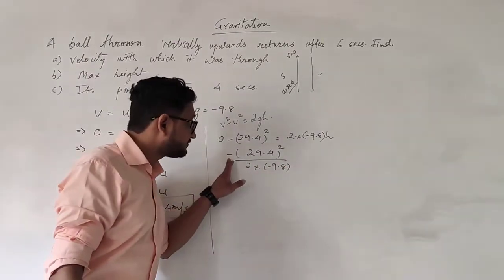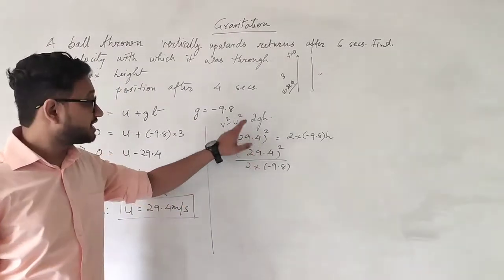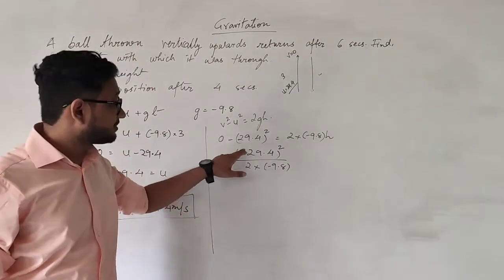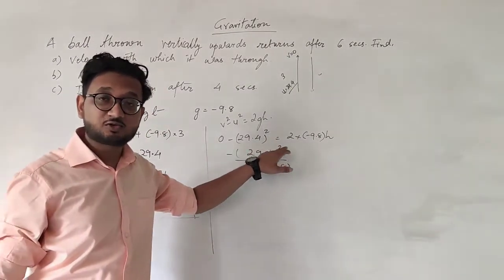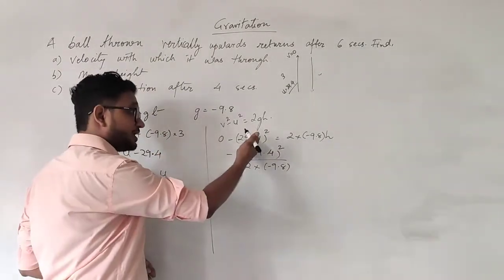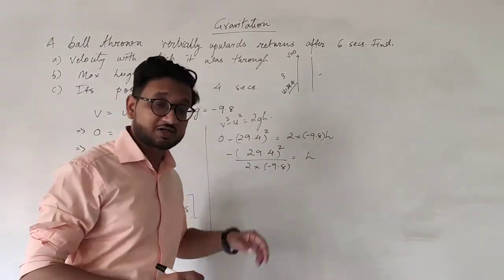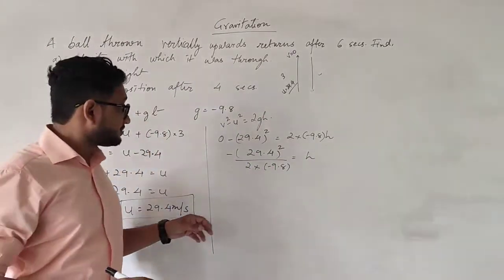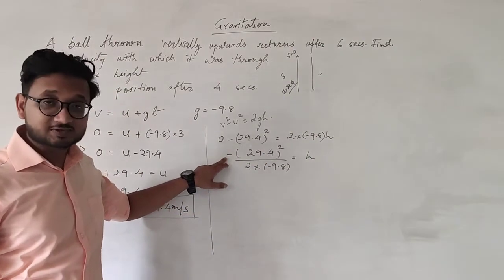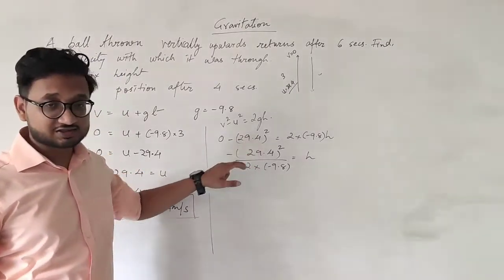This minus sign will remain as it is. Why? Because I have to square this number and then subtract it from 0. If I use the minus sign with 29.4, when I do the square it becomes plus. So first I have to square this and then subtract from 0. But ultimately after squaring I will get the answer in negative sign because I am subtracting this number from 0.